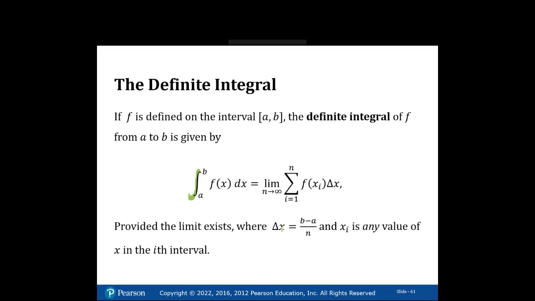And this delta x is the interval b minus a divided by n, the number of rectangles. So that tells you what my width has to be. If I take my whole interval, figure out how long it is, b minus a, and divide it by the number of rectangles, that's my width. And xi is any value of x in the ith interval. Sounds a bit scary, but we will do some examples and it should make some sense.